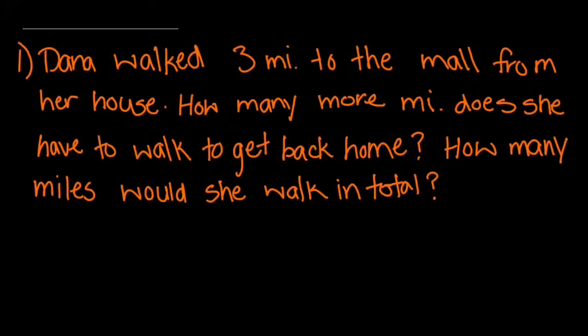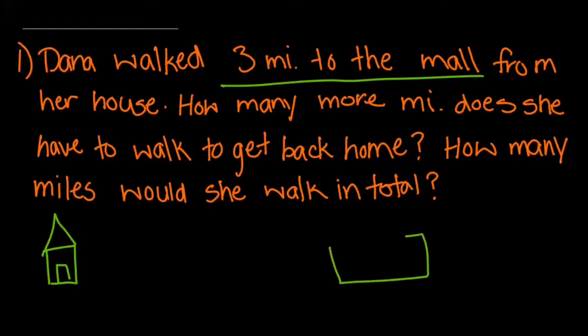Okay, so the first question is, Dana walked 3 miles to the mall from her house. So let's draw a little road. This is her house. She walked from her house to the mall, and it took her 3 miles.